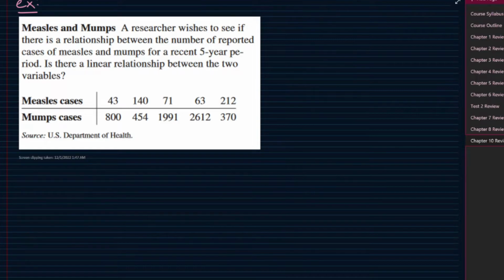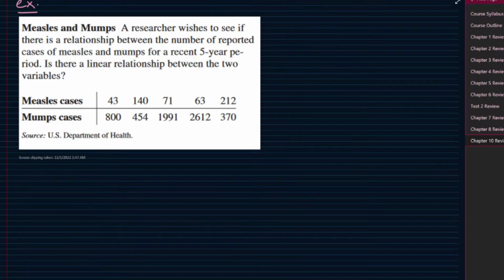So if you just look at the data here for a minute, in the first column it says 43 measles cases, 800 mumps cases. Then we've got 140 measles cases, 454 mumps cases. So the measles cases went up, but the mumps cases went down.